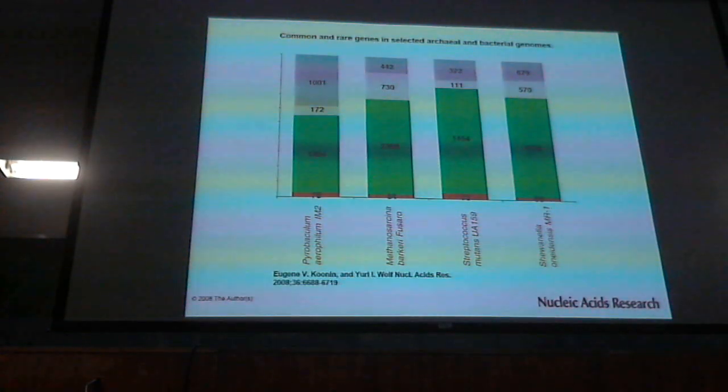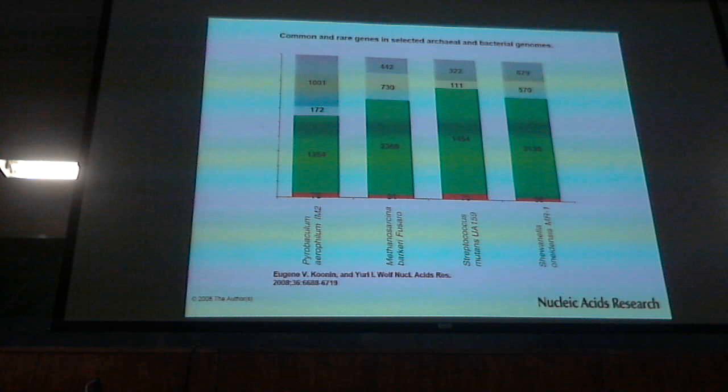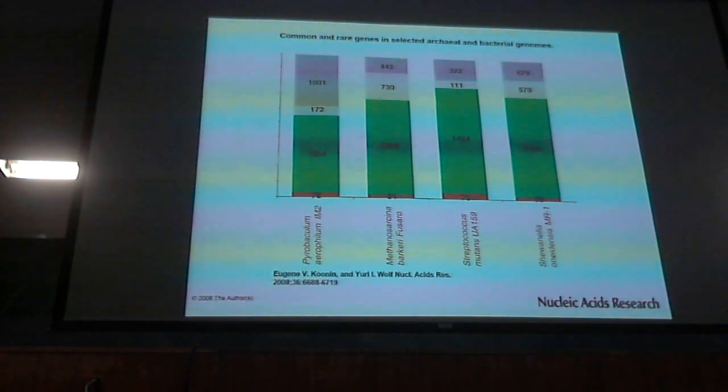So if you look at the level of all genes in your list of species, then most genes would be unique or very rare. But because they are unique, present in only a single strain each, when you look at the level of individual genomes, the major fraction of each individual genome would still be universal genes.